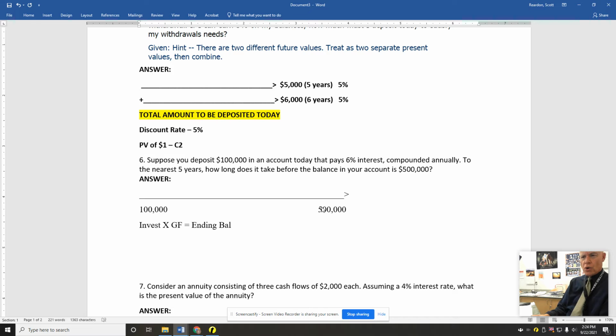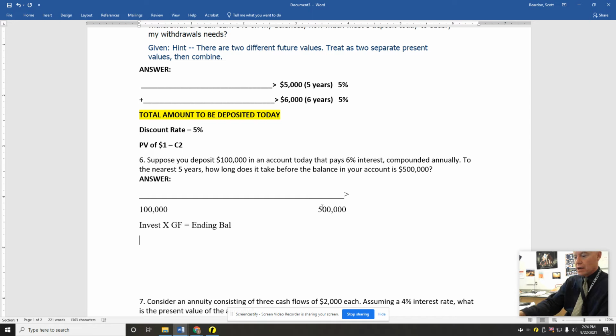Well, what do we know? We know the investment. We know the ending balance. I know with my growth factor, I know I've got 6%, right? Beyond that, I'm a little lost. Well, we need to isolate growth factor. Divide both sides by, I don't know where my division sign even is here.